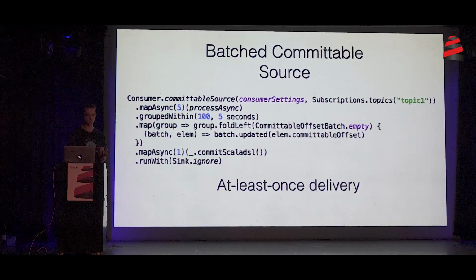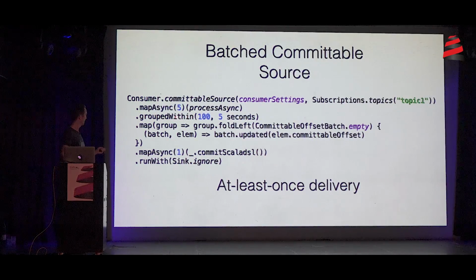With Reactive Kafka, there is an API for it. It's the same committable source, but we can process messages and not commit each single message, but accumulate a batch using groupedWithin, for example.